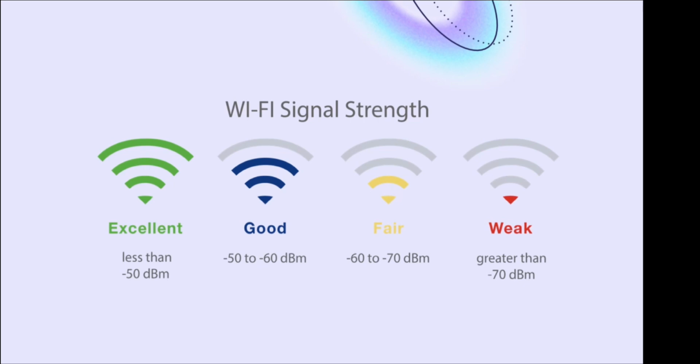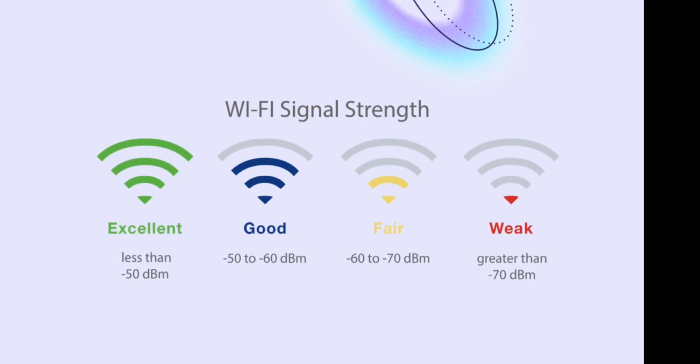When the dBm is between -50 and -60, it's a good Wi-Fi signal strength. When the dBm is -60 to -70, there is a fair Wi-Fi signal strength. Lastly, when it is greater than -70 dBm, it will be very weak Wi-Fi signal strength.